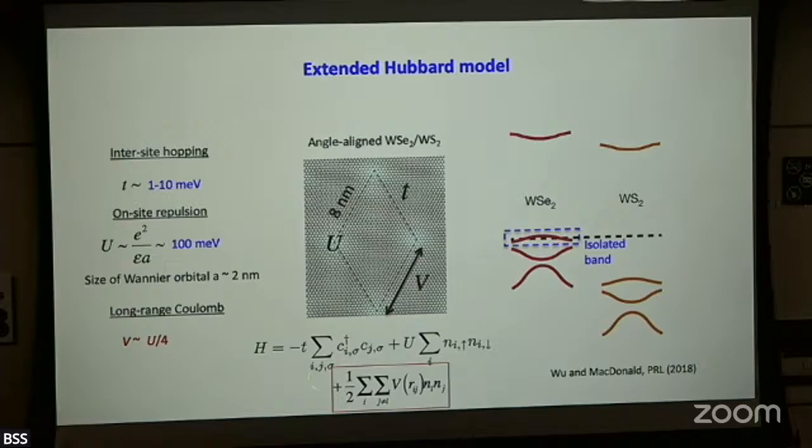So we can put back this long range interaction. So what does this long range interaction do? In addition to not allowing charges to occupy the same site, this long range interaction will push them further away from each other, basically. So we need an experimental probe to see what happens.